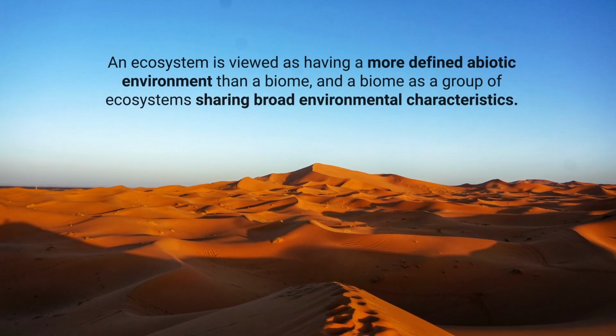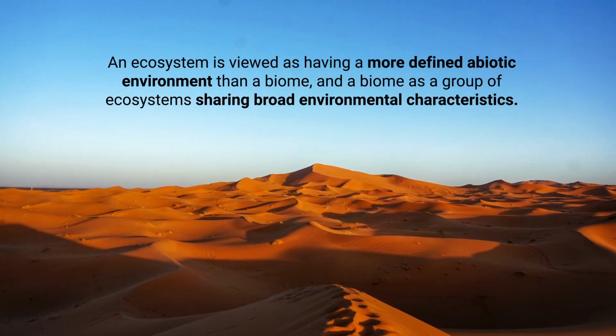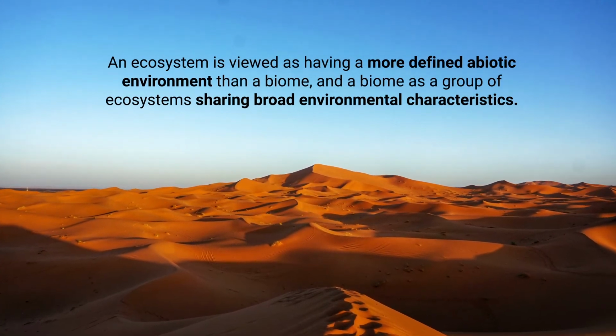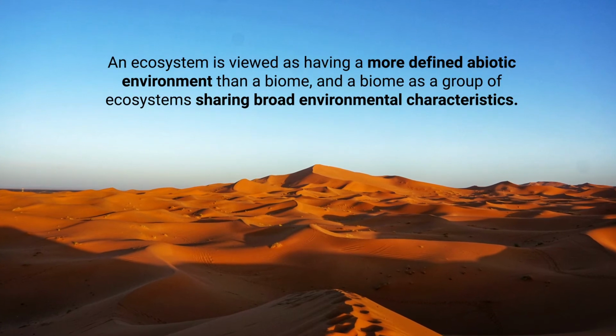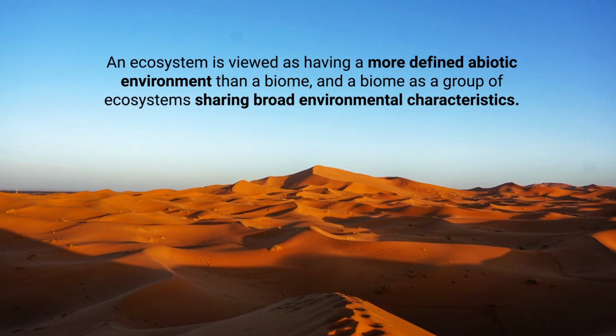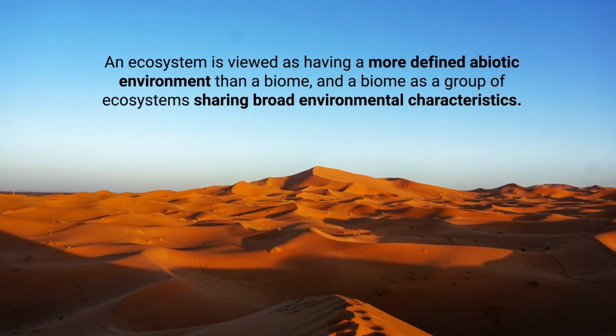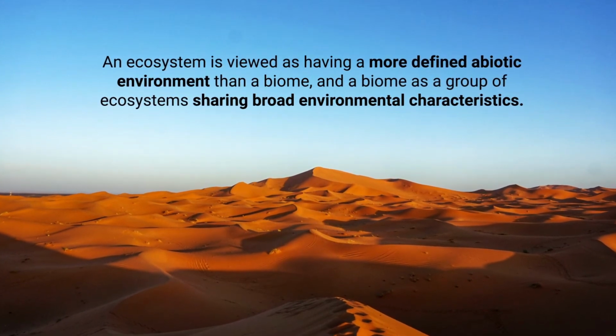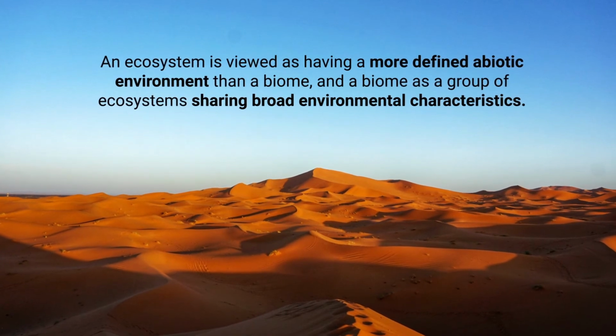You can even define the extension of an ecosystem as a biome, although generally an ecosystem is viewed as having a more defined environment than a biome. A biome is a group of ecosystems sharing broad environmental characteristics. That's why in the beginning we said grassland, chaparral, and tundra are examples of biomes.